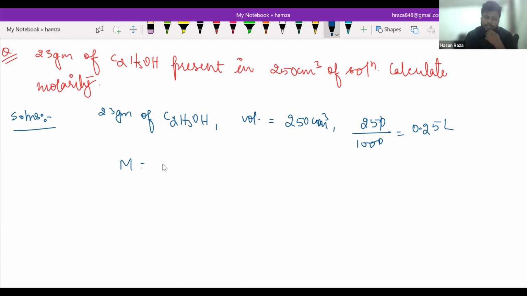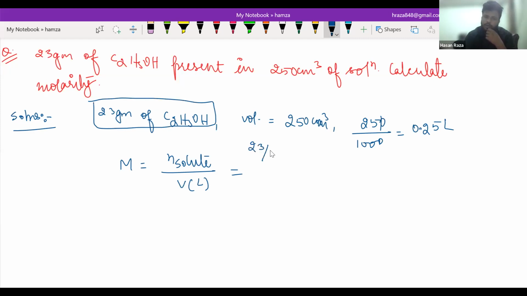Now see, molarity as a formula is number of moles of solute upon volume of solution in liter. But here number of moles is not directly given, it is given mass. So it will be given mass upon molar mass upon volume of solution, which means 23 upon 46 upon 0.25.